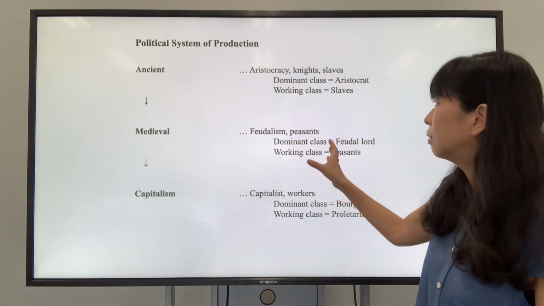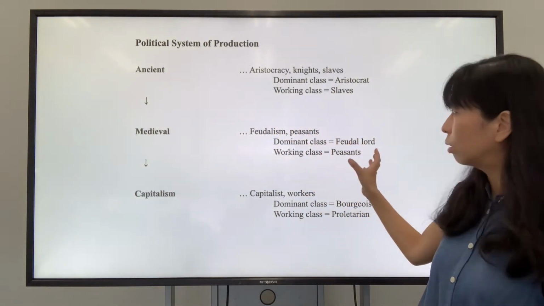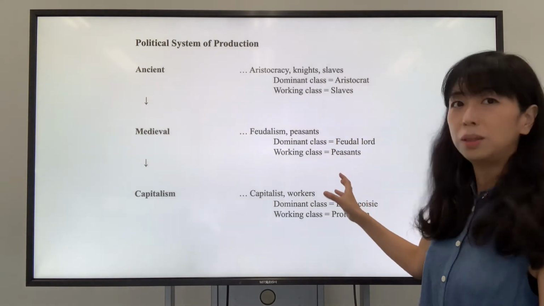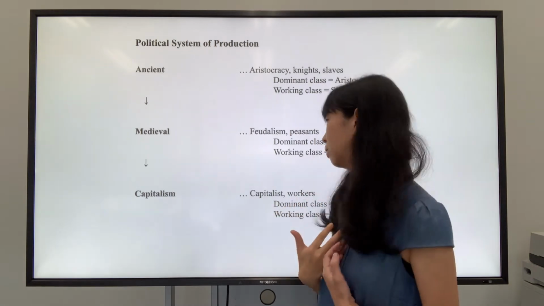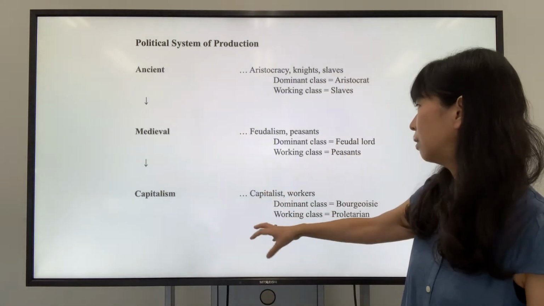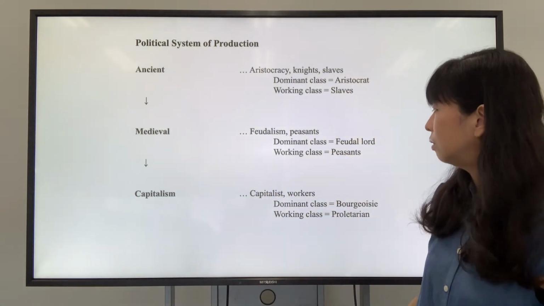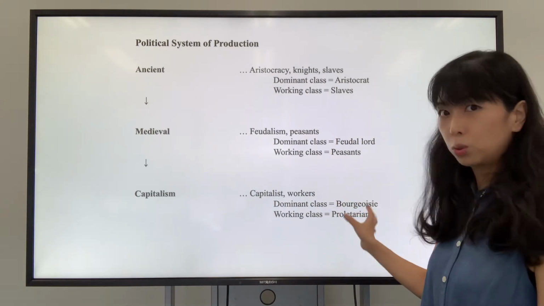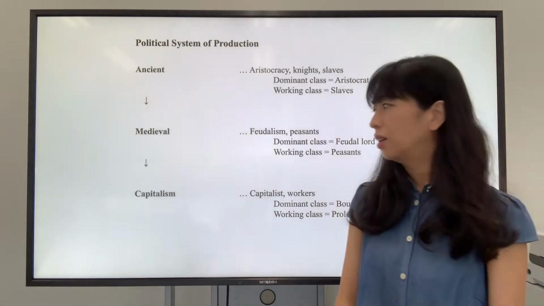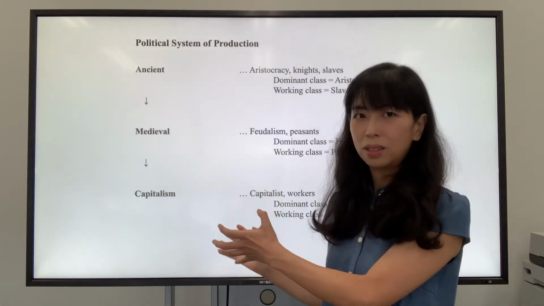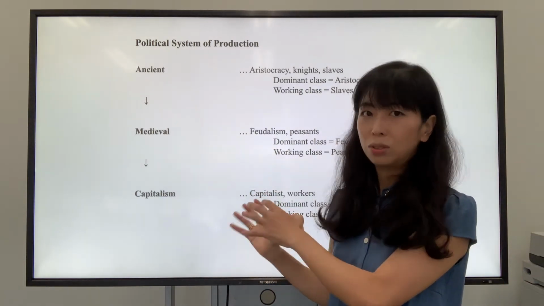The dominant class in this case is the feudal lord, and the working class is the peasants. In the capitalism that we are aware of today, you have the capitalists and the workers, where the dominant class is the bourgeois, and the working class is the proletarians. These are some of the classifications according to different periods.